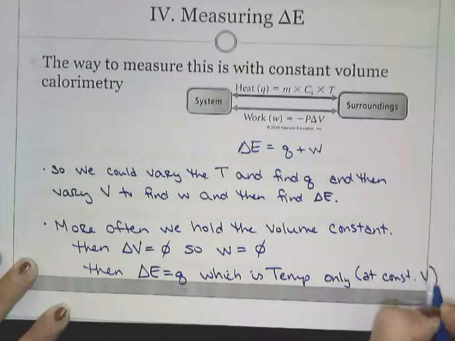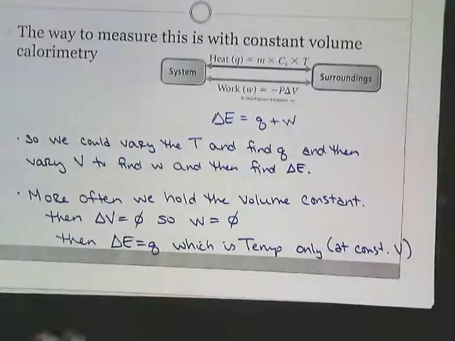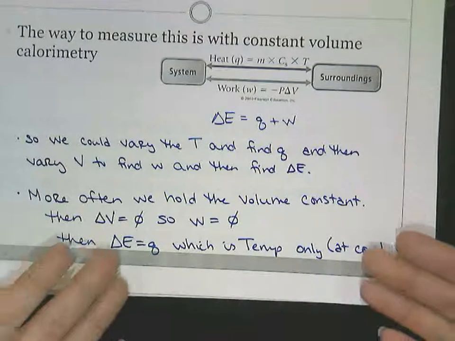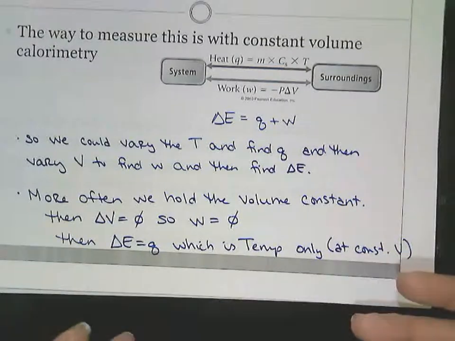So if I hold my volume constant, just the change in temperature tells me everything about the internal energy. It's a nice workaround, right? So it makes our solving life easier here in Gen Chem until you get to advanced classes, in which case you realize this is really hard to do. But it's a good starter.